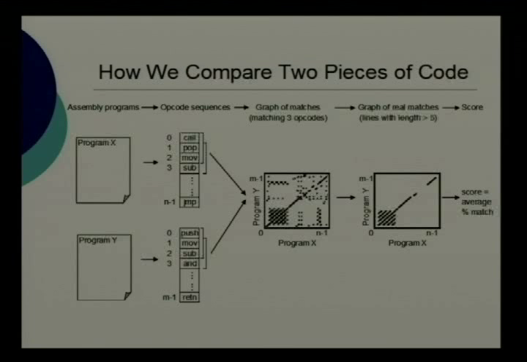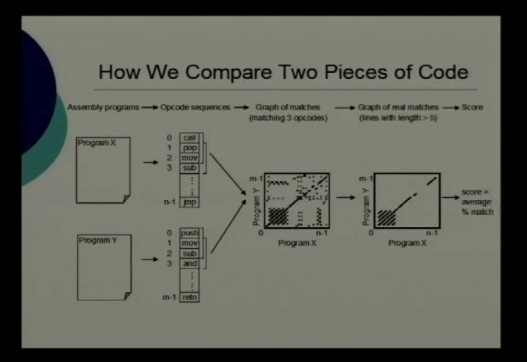After that, we walk along the x-axis and the y-axis. For each program, we count the number of opcodes that are covered by one or more of these real match lines. So we count the number of opcodes that are identical to opcodes in the other program, and we find the percentage for each program.